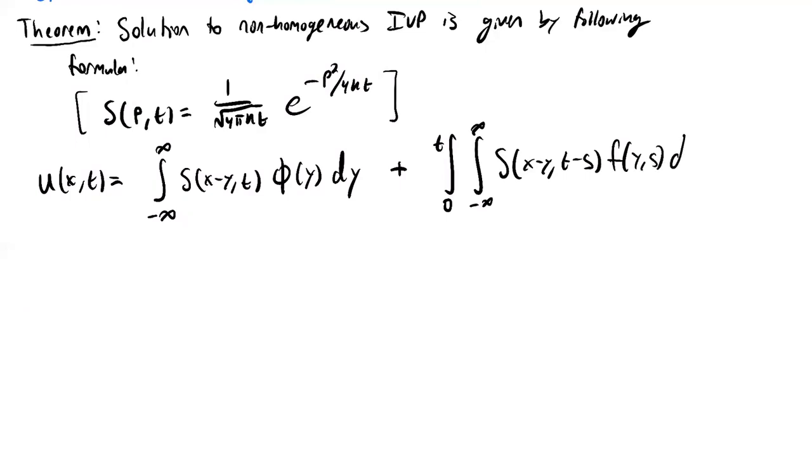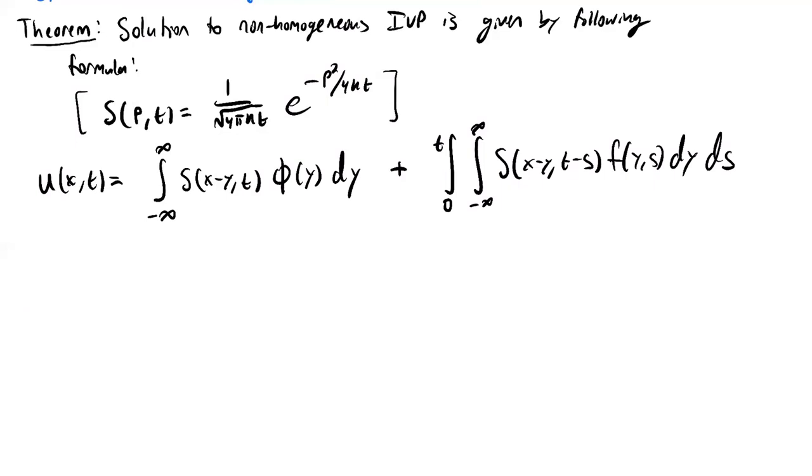Right, and so now we're integrating with respect to y and with respect to s. So you want to think of s as a past history in time before t, and y is just the spatial variable, and so you end up with this double integral. And so this is the formula for the solution.